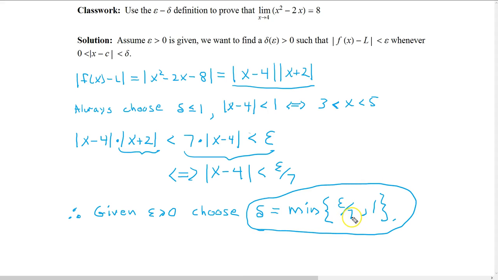For any epsilon greater than 0, we can find a delta so that |f(x) - L| is less than epsilon whenever |x - 4| is less than our delta. And this is how we would choose delta. So that concludes our discussion of using the epsilon-delta limit definition to prove limits involving quadratic functions.